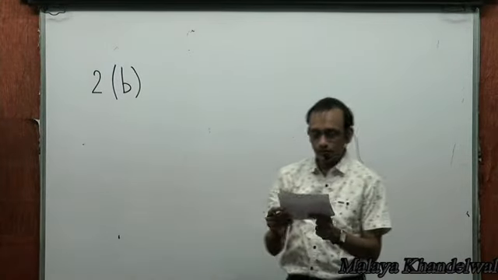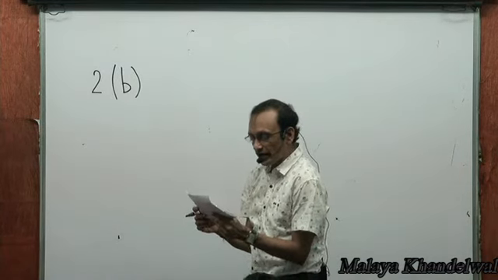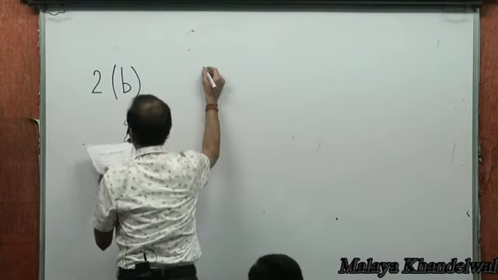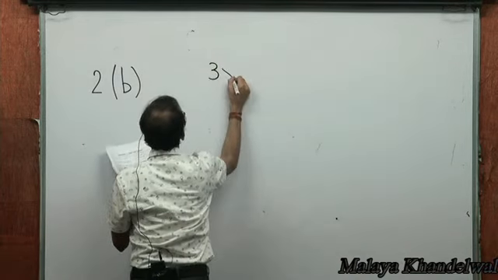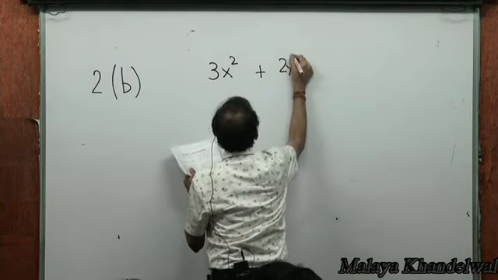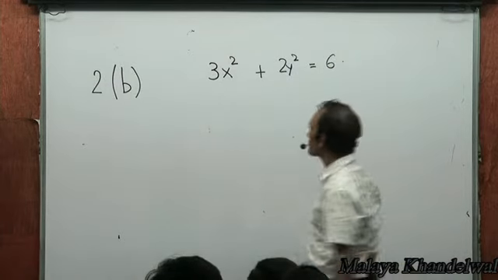We want to find the lengths of the major and minor axes, the coordinates of the foci, vertices, and the eccentricity of the ellipse. We have an ellipse which is 3x squared plus 2y squared equal to 6. That's the ellipse.